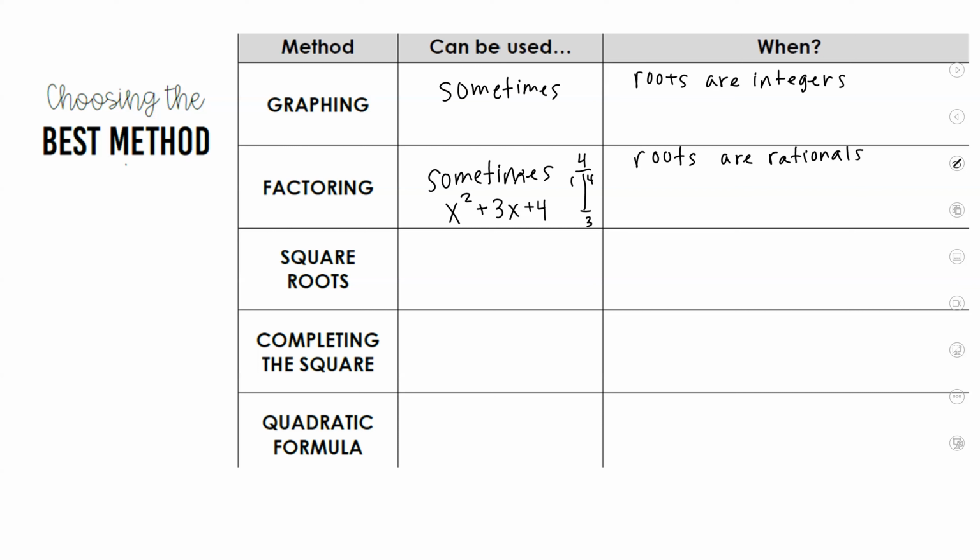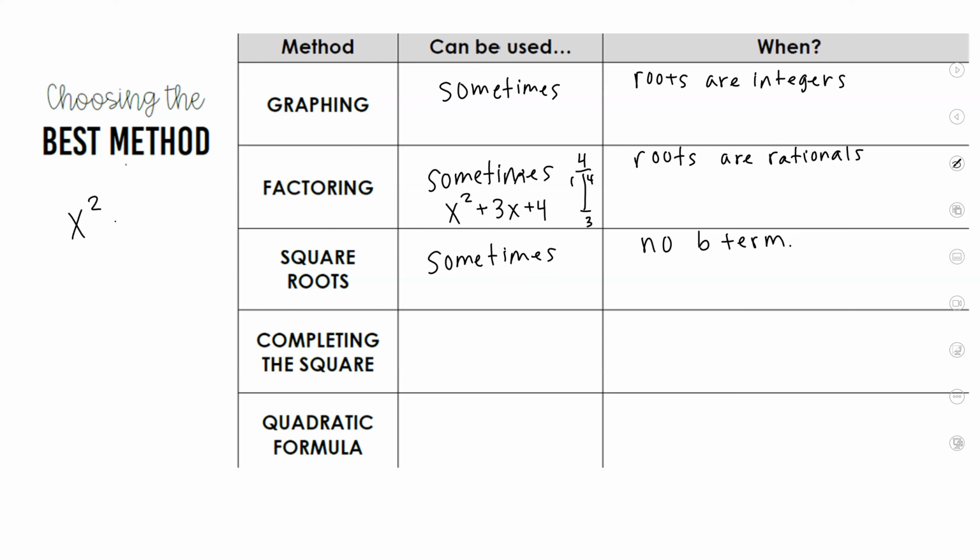All right. The square root. We can use this sometimes as well. And this works best whenever you do not have a b value. So when you do not have a b value or a b term, that works best. So for example, when we were doing square roots, we would have something like this.